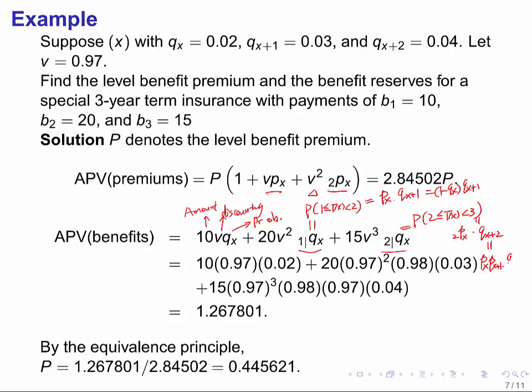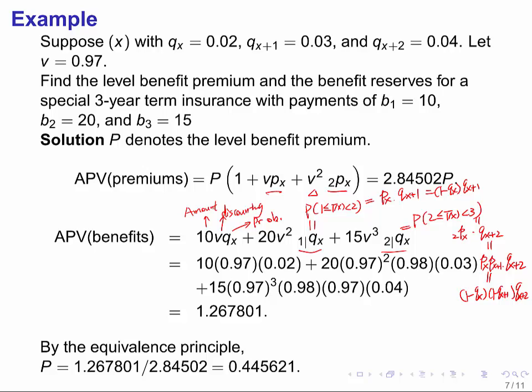And then we copy the last term, which is Qx plus 2. And all the P's equal 1 minus Q, so it's 1 minus Qx times 1 minus Qx plus 1 times Qx plus 2. And all the 3 Q terms are already given in the question, so we can calculate the 2 year deferred probability of death. And this way, we found the APV of benefits.